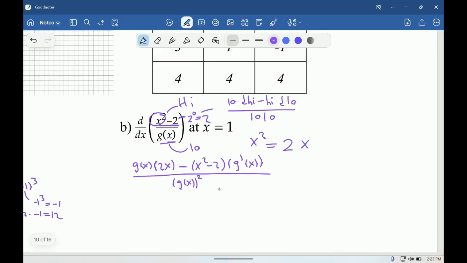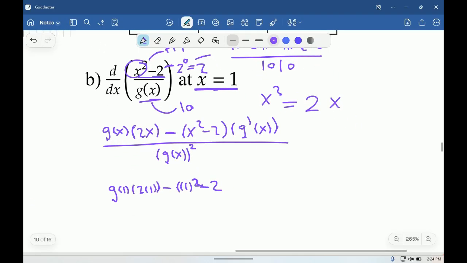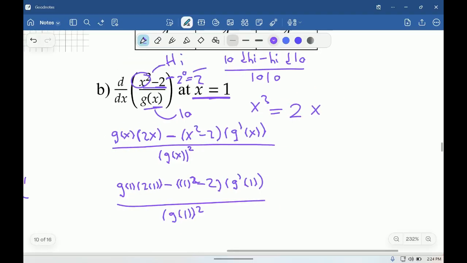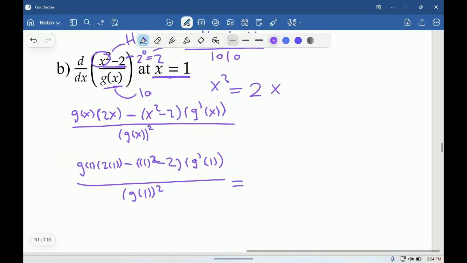All right. And now we're going to want to plug in the 1 into the x's, so it's going to look like g of 1 times 2 times 1 minus 1 squared minus 2 times g prime of 1 over g of 1 squared. And we're going to want to plug in our values.